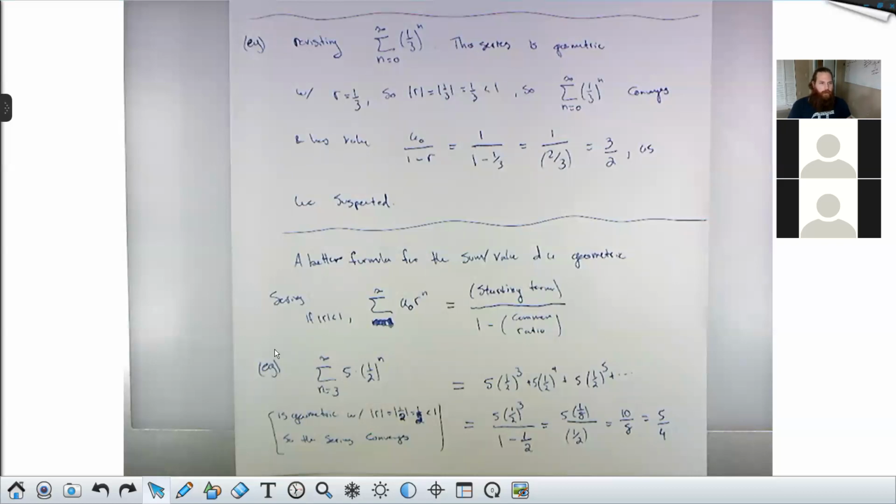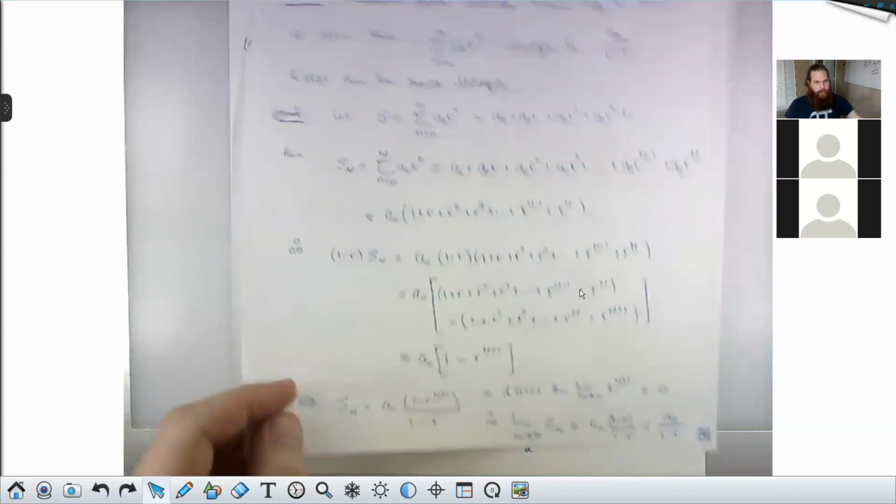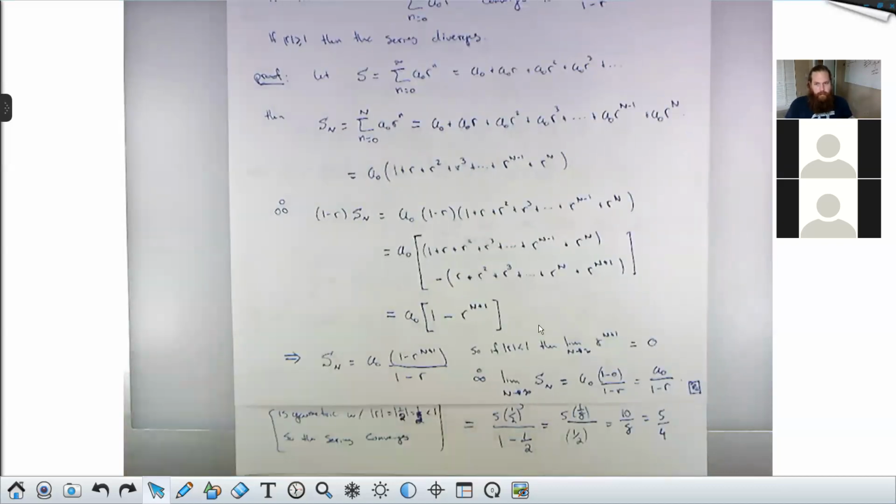Why is it the absolute value of r? Well, remember in our formula for the partial sum, the thing that makes this piece go to 0 is the absolute value of r being less than 1. So this piece going to 0 is what's necessary for this to have a finite limit.